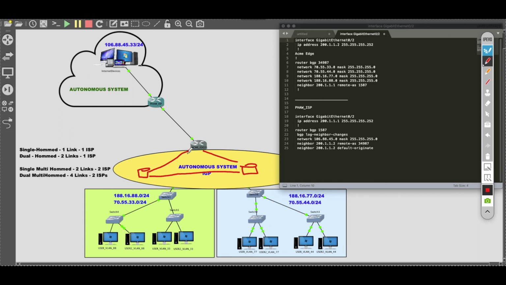The point that we need to understand here is that an iBGP update that is sent to an iBGP peer is never advertised out to another iBGP peer. It stops here. Okay? So the advertisements from ACME Edge 1 downstream to this router will never be propagated to another adjacent router.